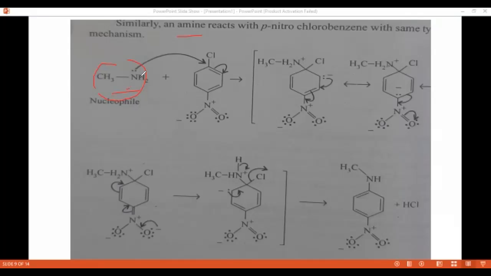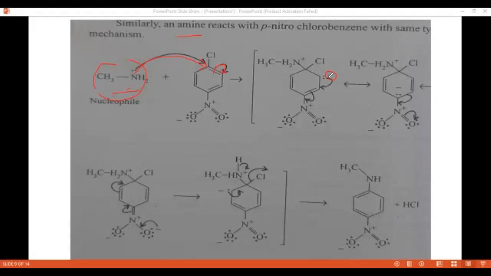Methyl amine is electron rich, and it attacks this carbon atom. Then the carbon double bond breaks in this direction, and this ortho carbon carries a partial negative charge. The CH3NH2 is attached to this chlorine-containing carbon atom, and this bond breaks in this direction.